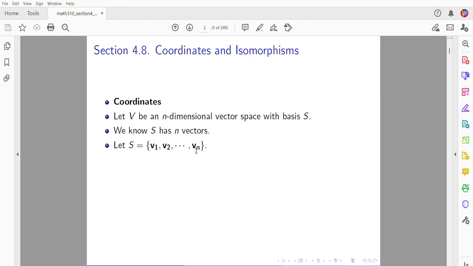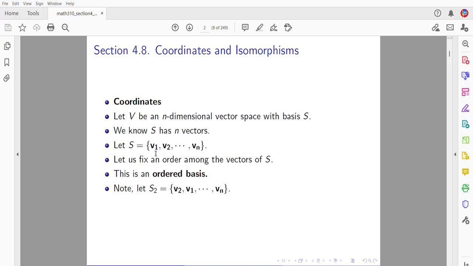Now fix an order among the vectors of S. Once you fix an order, it is called an ordered basis. What does that mean? You have fixed that v1 should come before v2 and so on. Look at this set S2. I have placed v2 first and v1 next. As far as sets go, they are the same set. In a set, order does not matter.